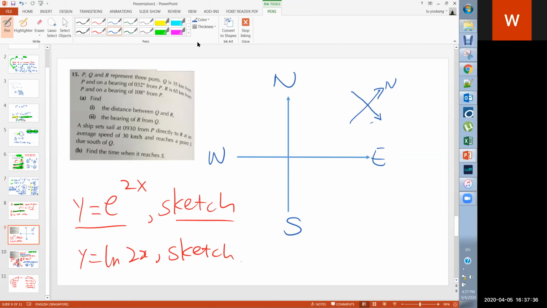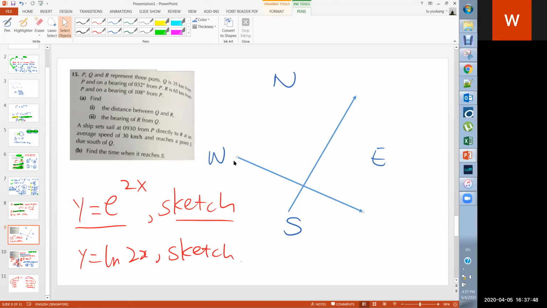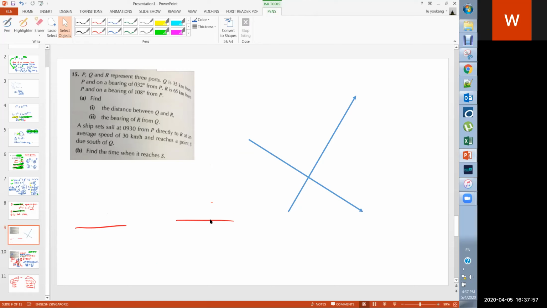Let's say now this north is no longer straight up. Let's say the north is like this. You need to change accordingly. You understand what I'm going to say now?